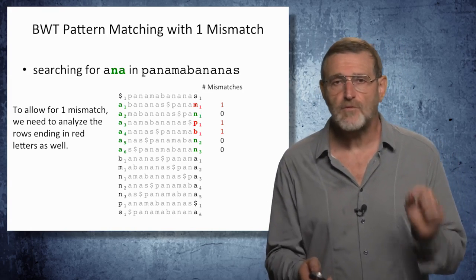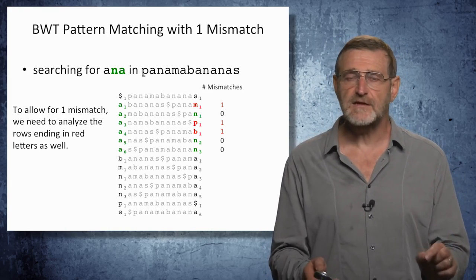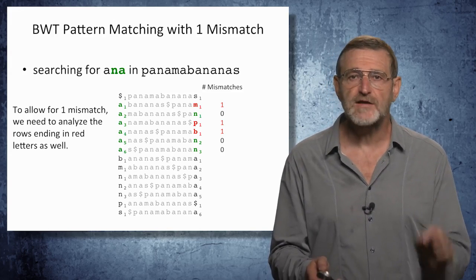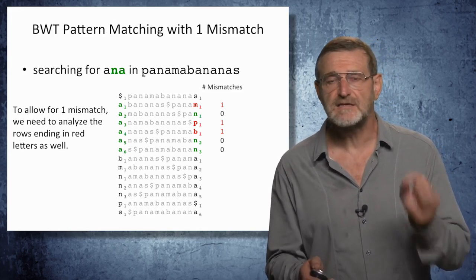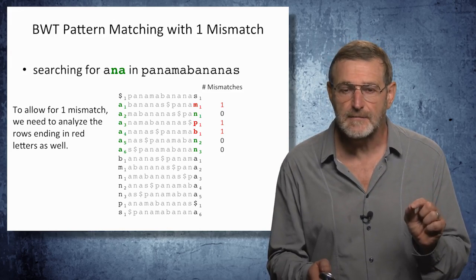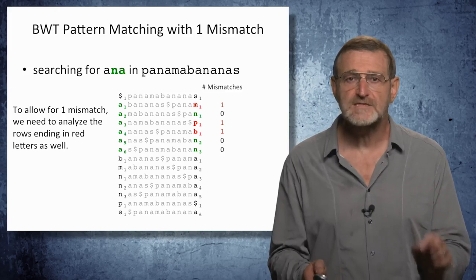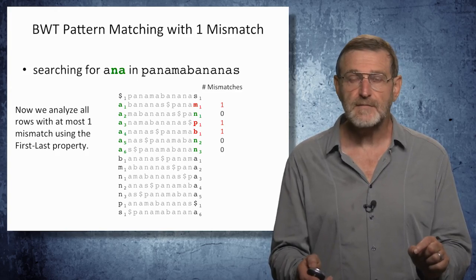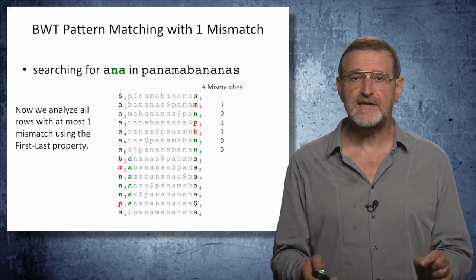After we found all rows we are interested in, we use again the first-last property to find where the symbols in the last elements of these rows appear in the first column, and they will be appearing here.